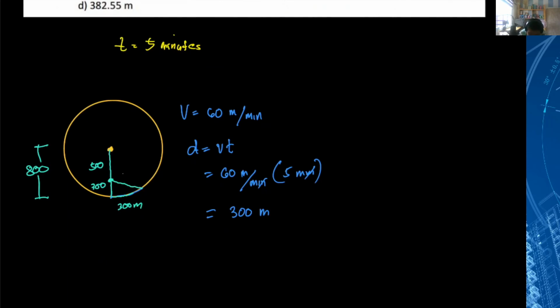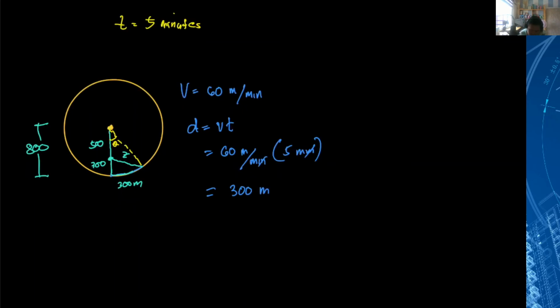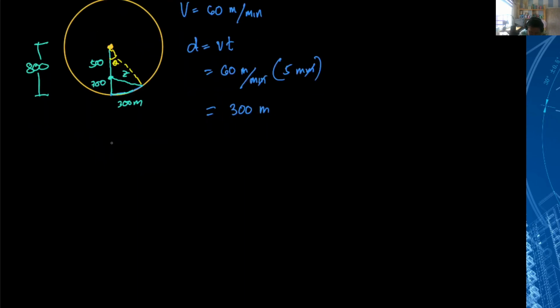So let's say Z. Okay? So how to solve Z? That is the problem. Okay. But take a look at this triangle. And we can find this angle, theta. So we can solve theta using the arc length formula, r theta in radian.